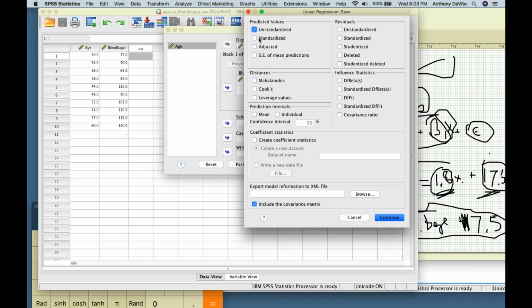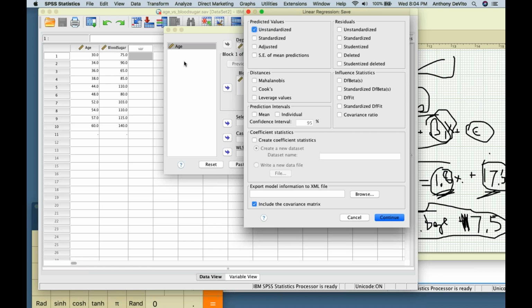If you wanted to know the values based on z-scores, how far from the z-scores, one for one variable versus the other, you would click standardized residuals. But we don't want those right now. Right now, we're just looking at unstandardized residuals, unstandardized predicted values.